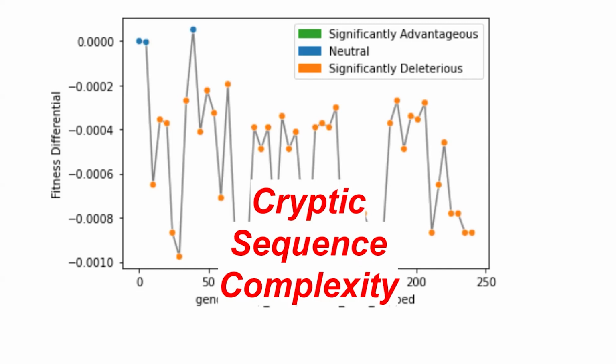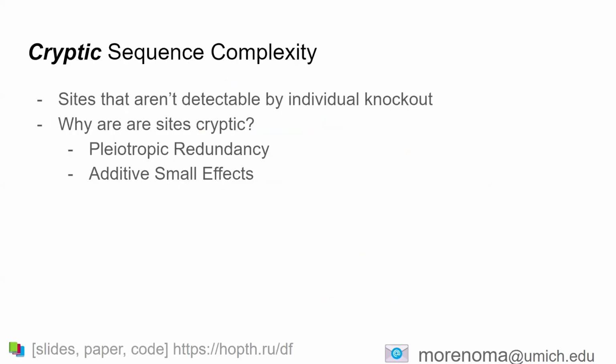We term these sites that aren't detectable through site-by-site knockouts as cryptic sequence complexity. The goal of this current work is trying to develop methods to be able to systematically quantify and characterize this aspect of complexity.